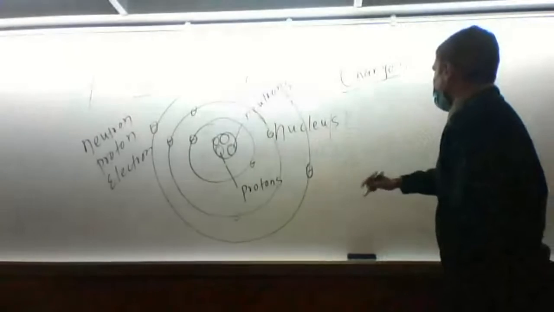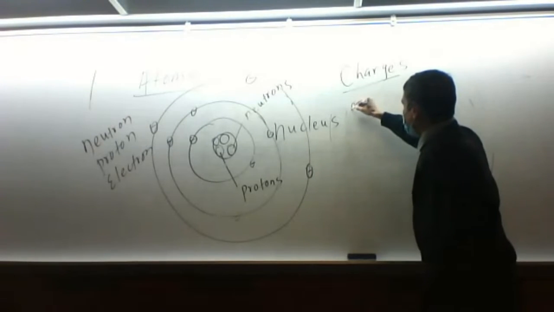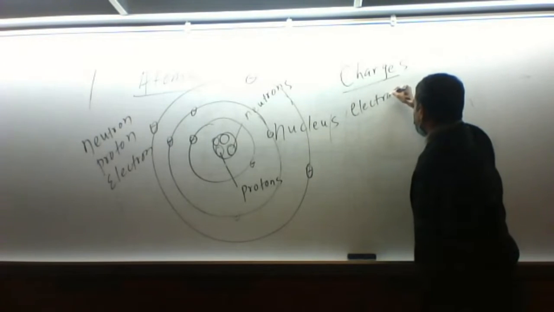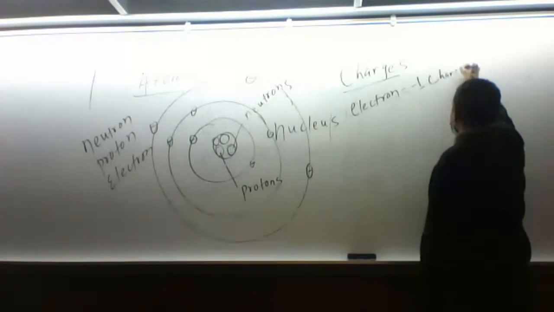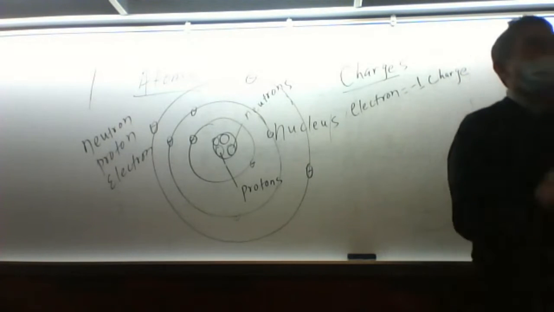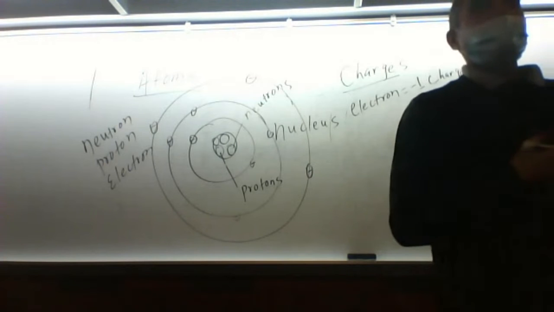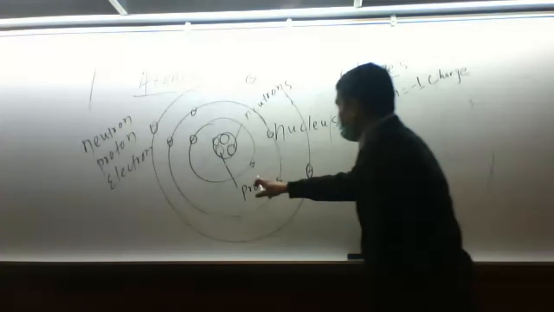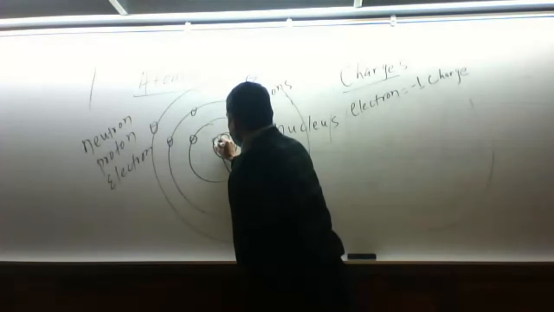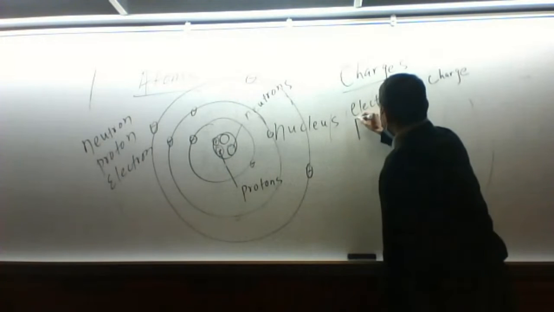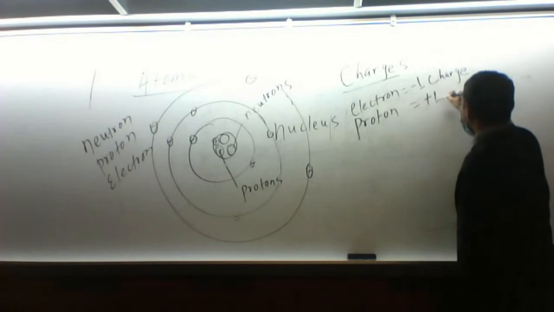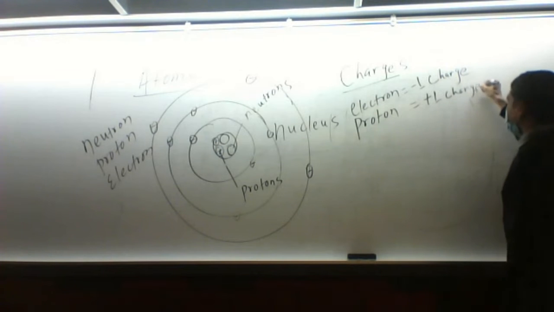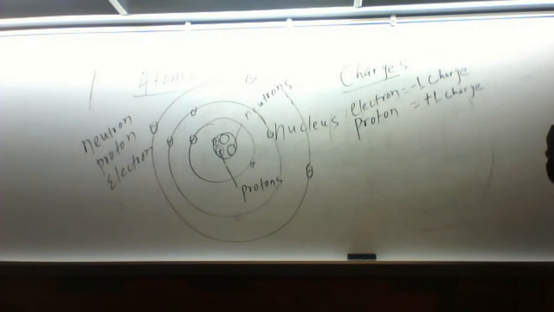So, the charges in these subatomic particles. The electron has -1 charge. And then the proton, where I wrote it, has +1 charge. You will see this kind of thing in homework.